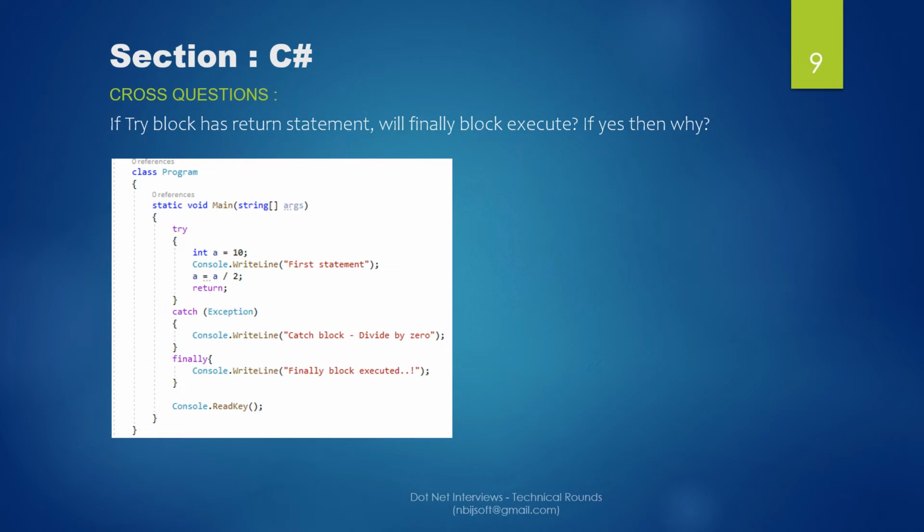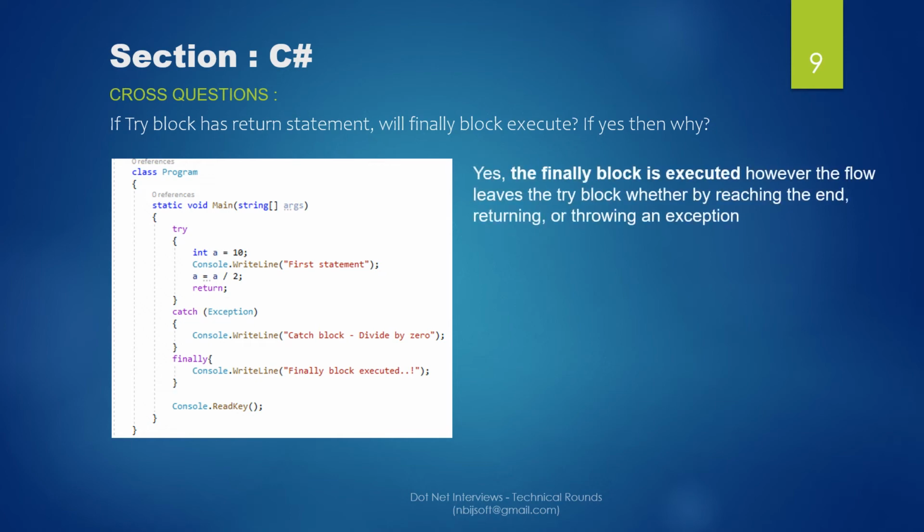After that we print some statement. After that we try to divide a number by 2. Actually it's not specifying any exception over there, so definitely it won't go to the catch block. Now that return statement confuses us: whether it will return to the calling function or whether it will call the finally.